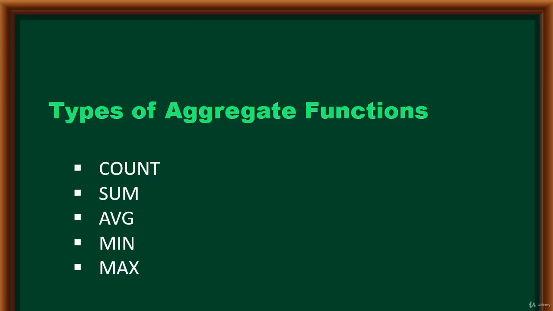So these are the aggregate functions supported by MySQL. So depending on the type of aggregate function you use, it will always give you a single result value. So that's it for this introduction. I'll be covering each of these aggregate functions in separate videos and also provide an example of each.